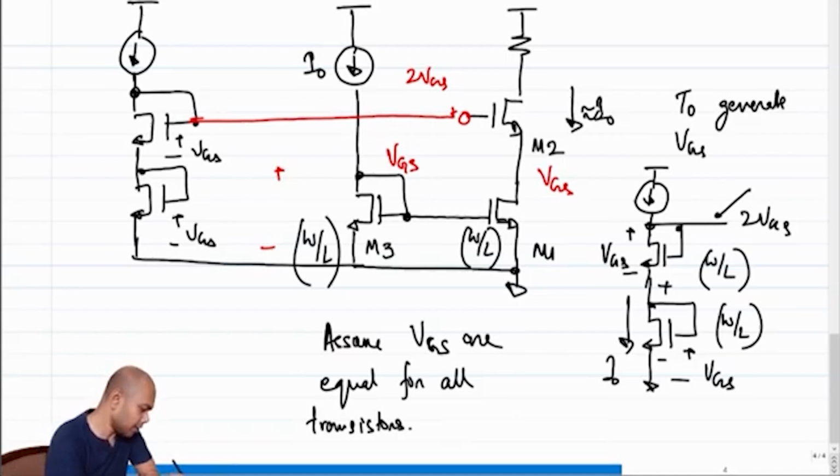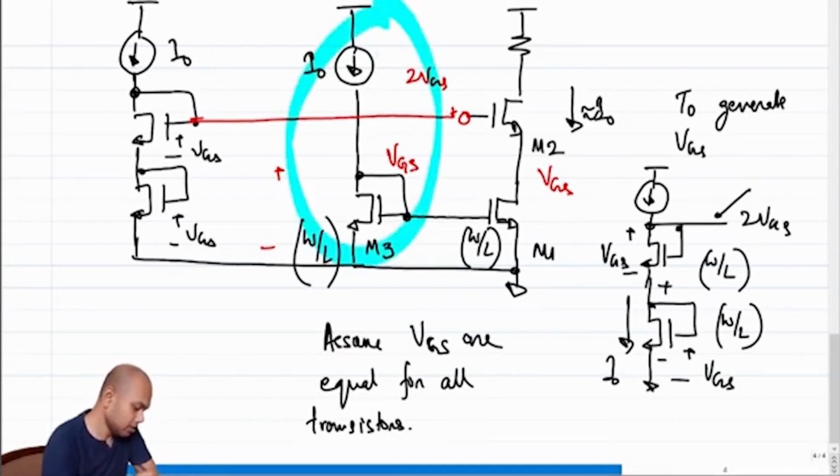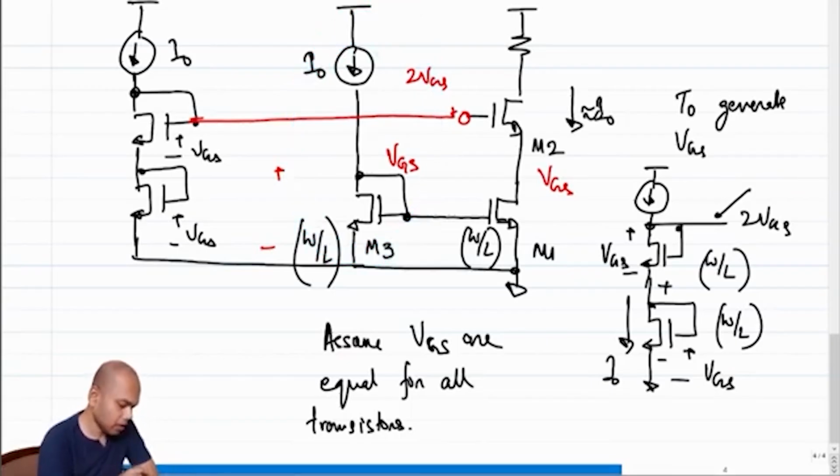What is the current requirement in this branch? This current requirement is I0, right? Can we generate 2 VGS from the current requirement of this branch? Because note that we are already generating 1 VGS.